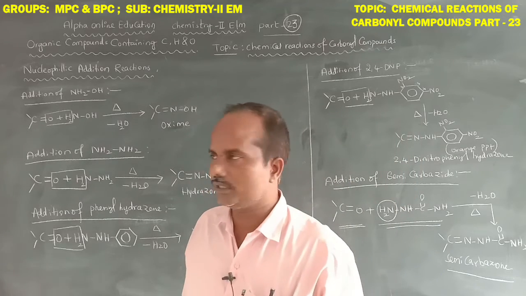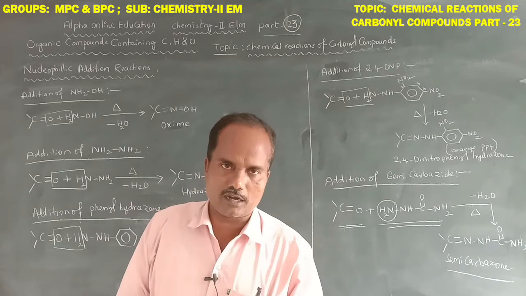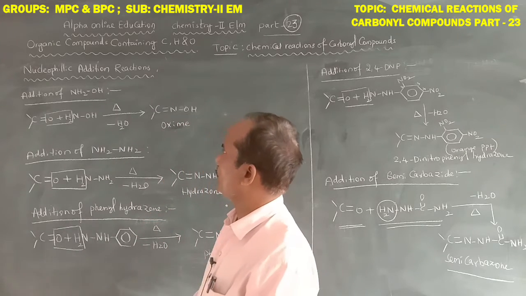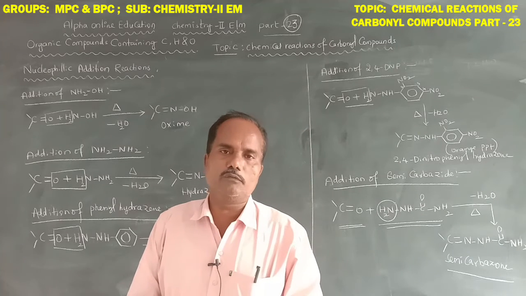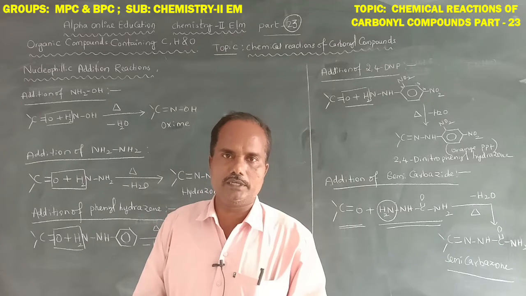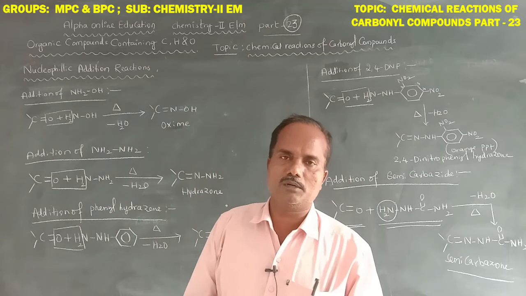So this is about nucleophilic addition reactions of carbonyl compounds. Carbonyl compounds in general are involved in nucleophilic addition reactions because the carbon is connected with oxygen by a double bond.